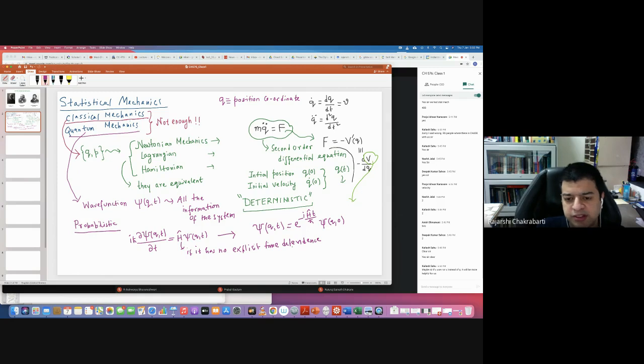Although I know the wave function, it is probabilistic, because the probability of finding a particle in quantum mechanics is given by the product of psi star with psi. This is different at different positions, different values of q, and it also changes as a function of time. So it is probabilistic. This gives you the probability density.